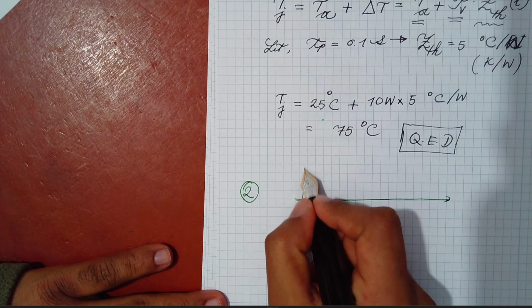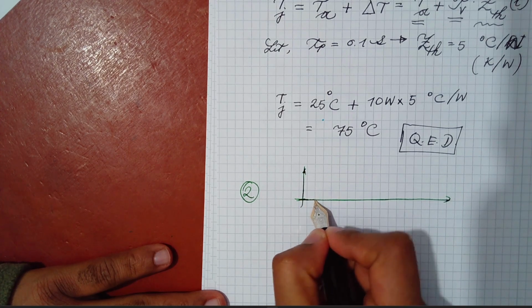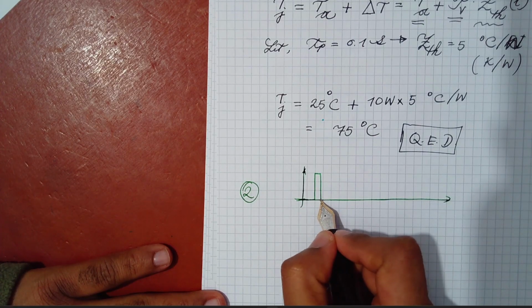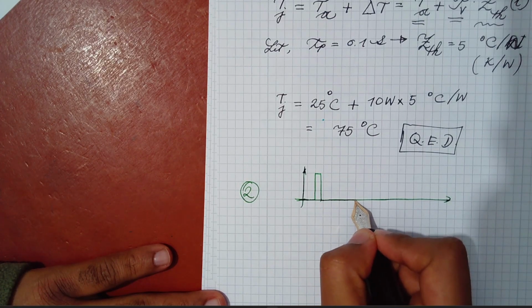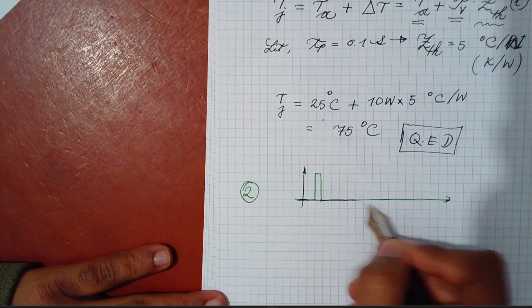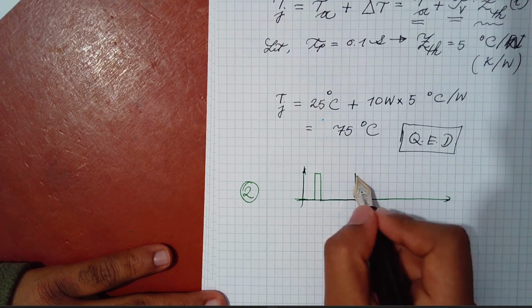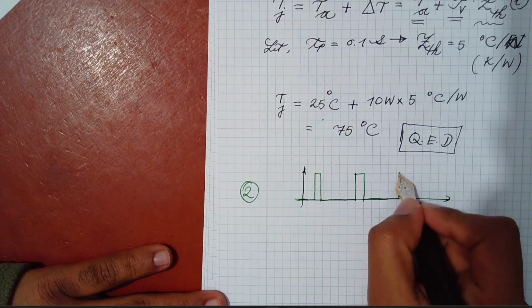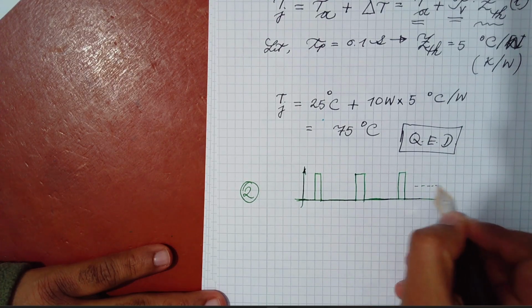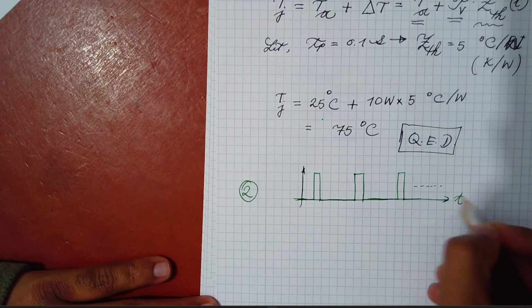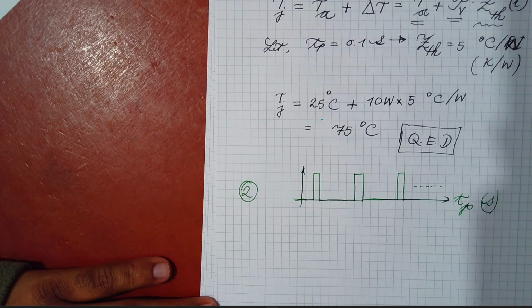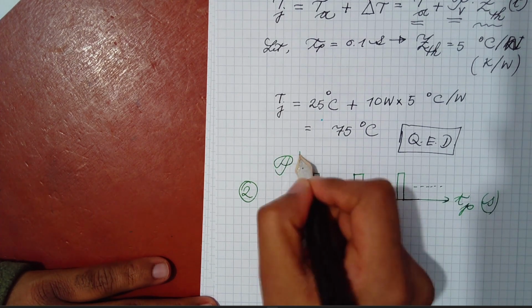That means our power will be applied after a certain point. Then only 10% of the time it's conducting. And then there is no power at all for 90% of the remaining time in one period. Then again comes another pulse, then for 10%, and then this continues infinite. So this is again TP or T in general, pulse, TS, and this is power in terms of watts.